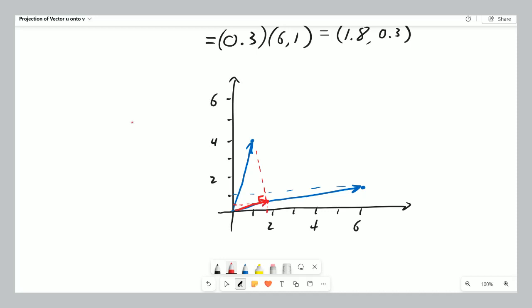So there you go. We can see graphically that this formula, as expected, gives us the correct answer. And that's how you calculate the projection of one vector onto another. Now this example was two-dimensional, but it works for higher dimensions as well. So I hope that helps, and until next time.